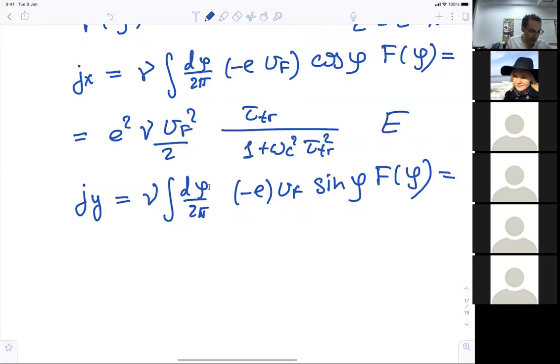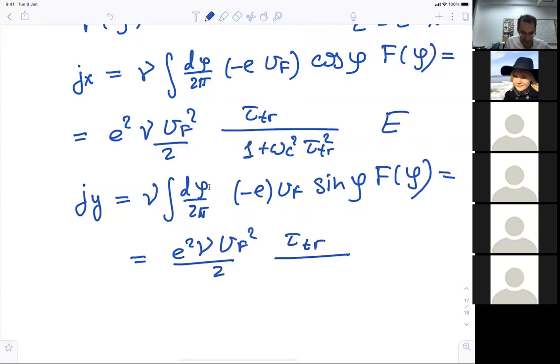And lo and behold, I'm getting e squared nu v Fermi squared over 2 tau transport over 1 plus omega c squared tau transport squared, times omega c tau transport.